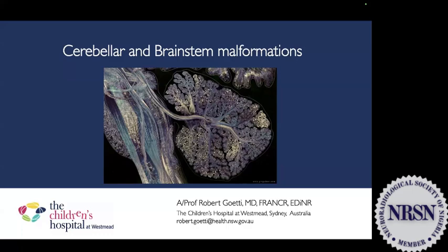This talk would present a pattern-based framework for approaching cerebellar and brainstem malformations on MRI, starting with the normal posterior fossa anatomy and the distinction between dysplasia, hypoplasia, and atrophy, then moving on to the diagnostic algorithm built around cerebellar involvement, cysts, brainstem morphology, corpus callosum, basal ganglia, and context.